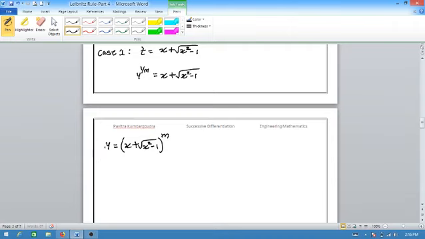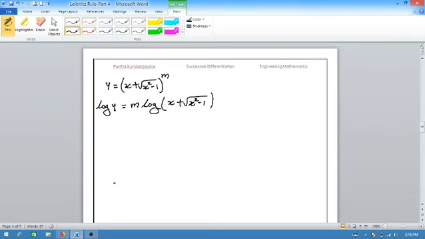So now instead of differentiating directly, take log on both sides. So I will get log y is equal to, by the property of log a raised to x is x into log a, m into log of x plus root of x square minus 1, right? So now differentiating with respect to x, what is the differentiation of log y with respect to x?